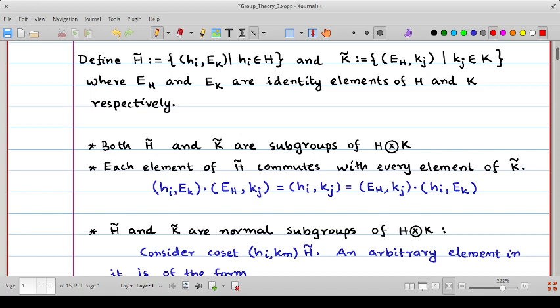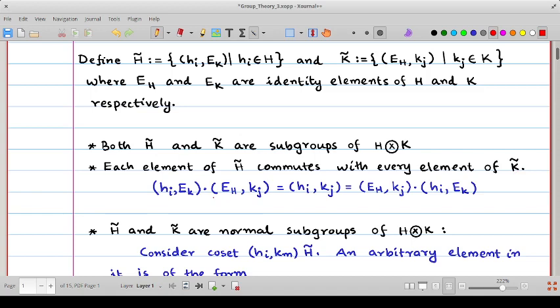And this is because when we consider an element of H tilde of the type Hi comma Ek, then take its product with any element of K tilde, which is given by Eh comma Kj.